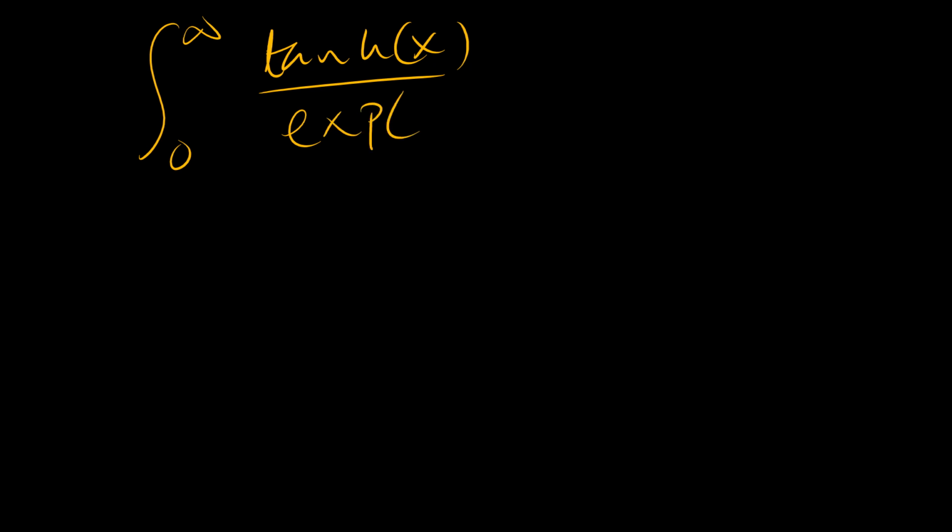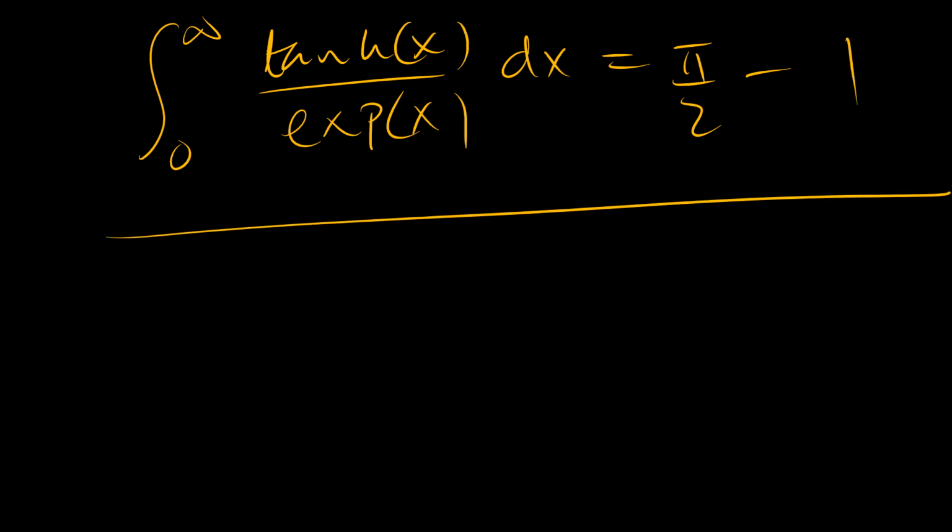So our dear problem, the integral from x equals 0 to x tending to infinity of the hyperbolic tangent of x over e to the power x, is equal to pi over 2 minus 1. And that is our answer.